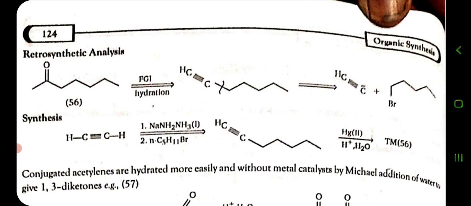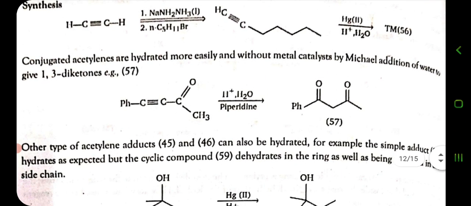Conjugated acetylenes are hydrated more easily, without metal catalyst, by Michael addition of water to give the 1,3-diketones. In this compound 57, we will get the 1,3-diketones.